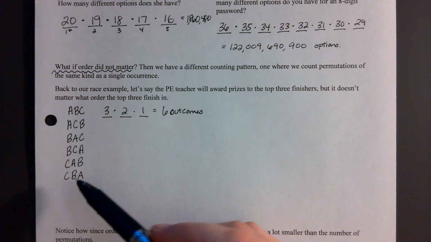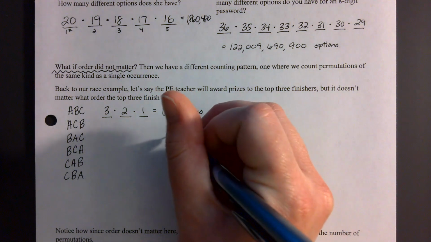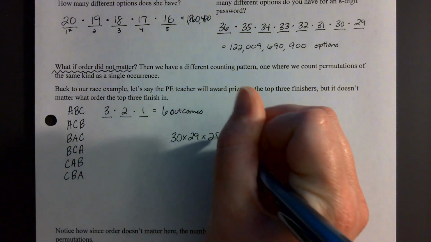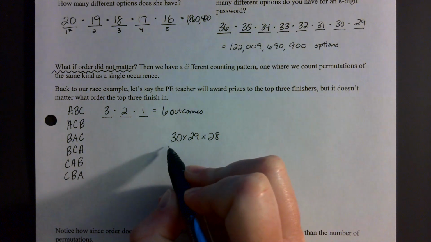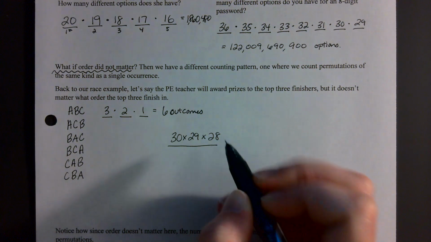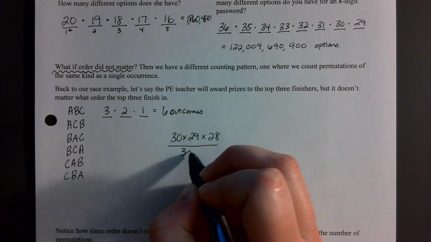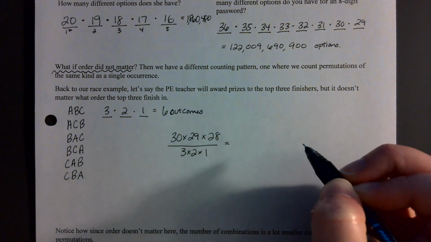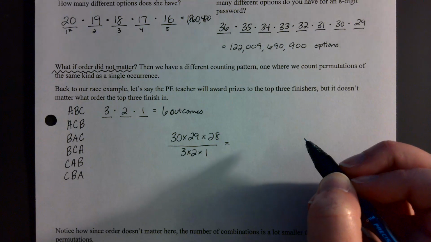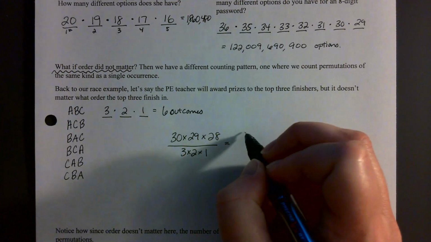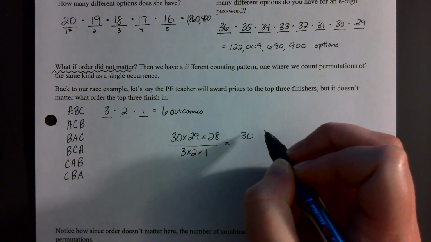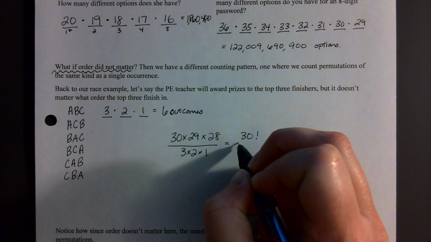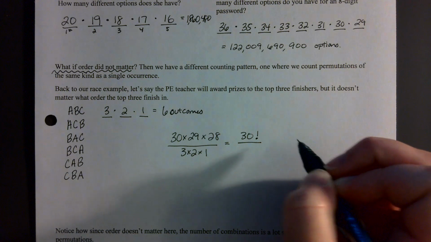Remember, our permutation was 30 times 29 times 28, but we wanted to eliminate those 3 times 2 times 1. So really what we're doing here is taking our 30 factorial. Remember how we did our permutation? We did 30 factorial.